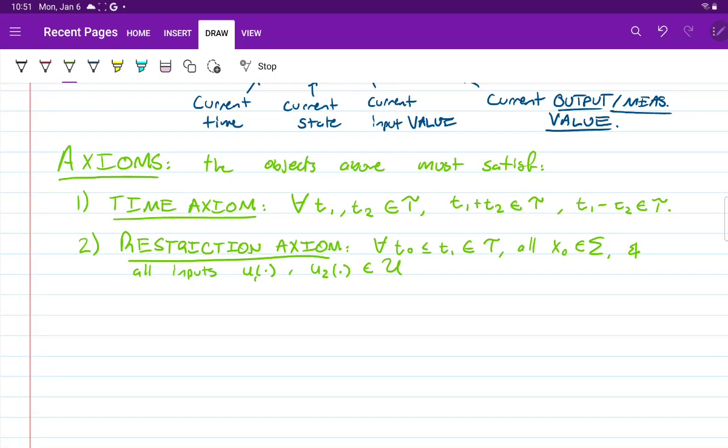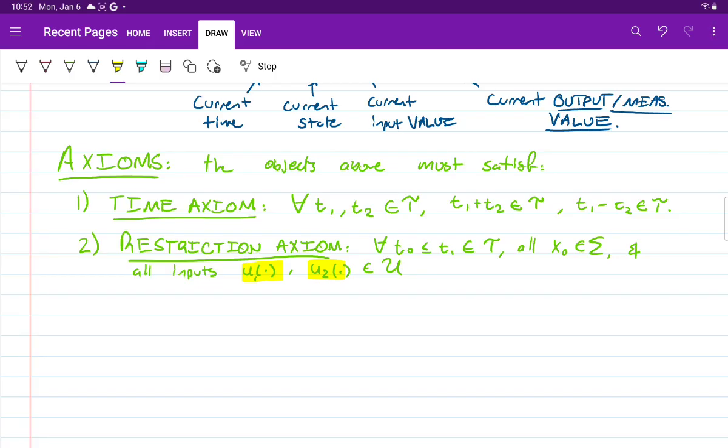I want to remind you that this is our input signal space, not our input value space. I emphasize that these things are signals by writing these little parentheses with a dot. If I were to substitute u1 of t, I would be referring to the input value, but since I have these empty parentheses, I'm referring to a signal.